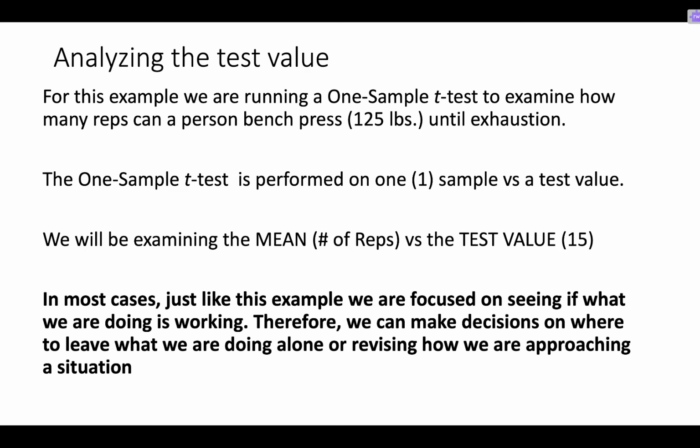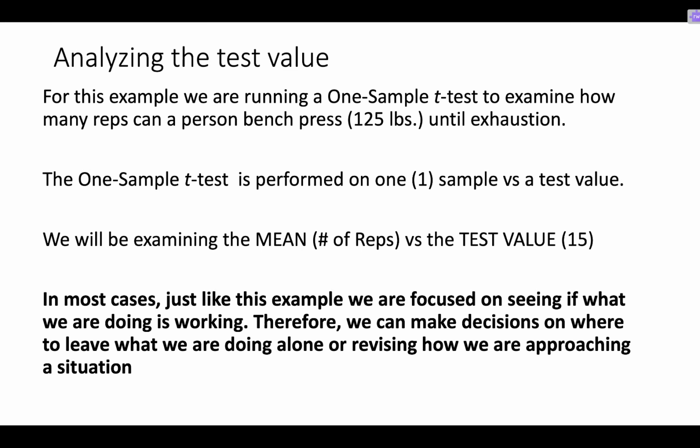So if I'm the trainer and my number is 15, and I have a group of individuals doing these reps, and the mean is higher than 15, well, whatever I am doing to train them to do more than 15 is fantastic.